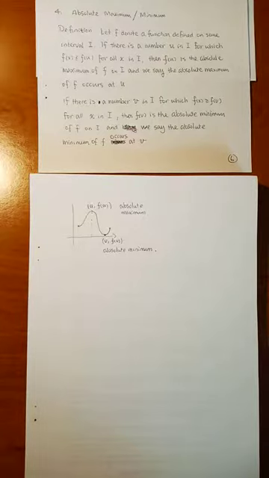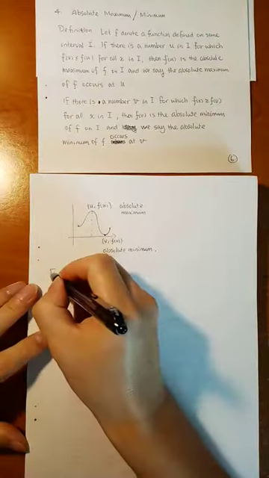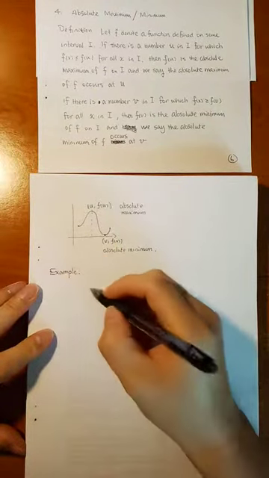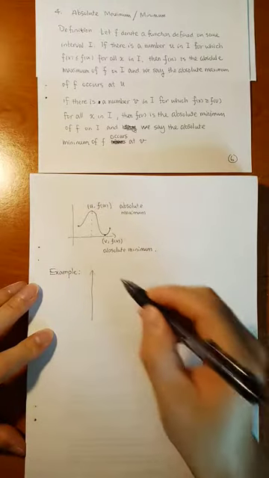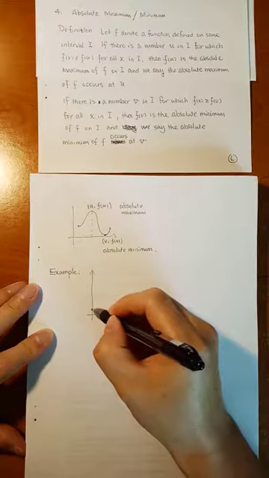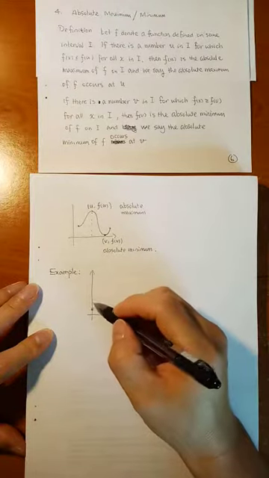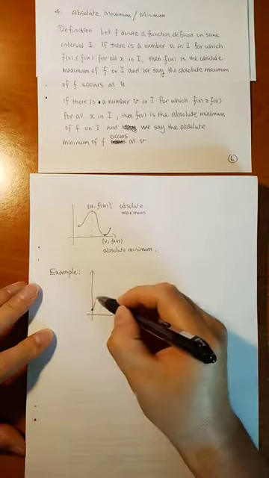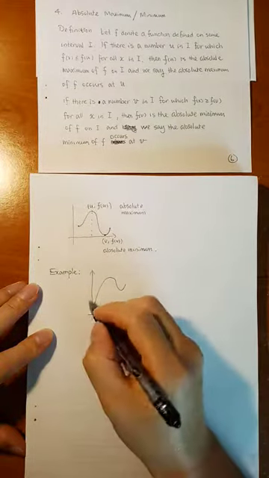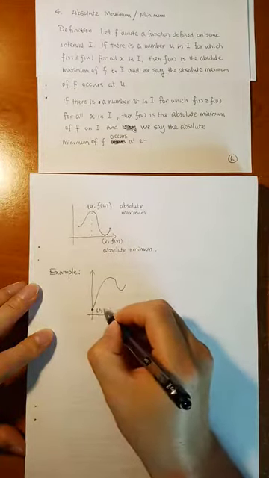So let's look at the absolute maximum or minimum based on the graph. If you have a graph like this, this point is (0, 1).